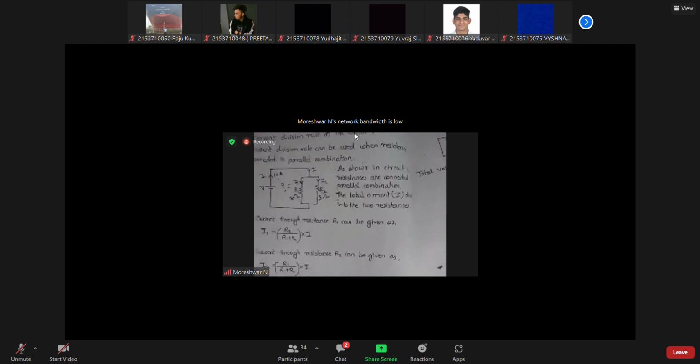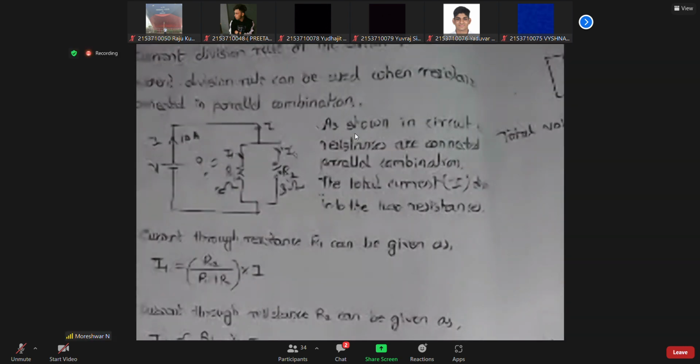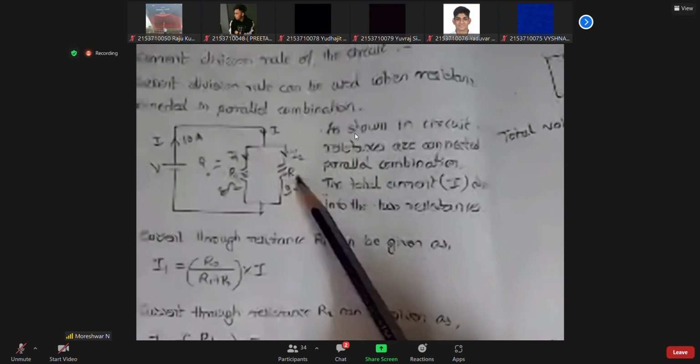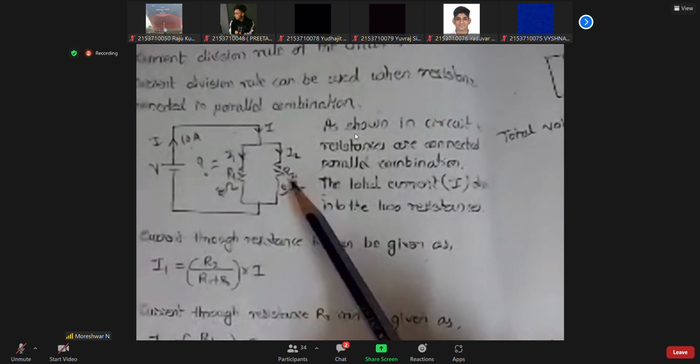No one is replying here. Why? See, students, we have already calculated the current flowing through resistor number 2, and we got 4 ampere.